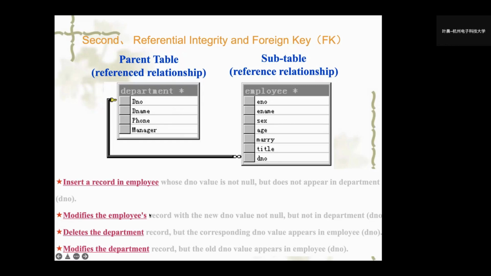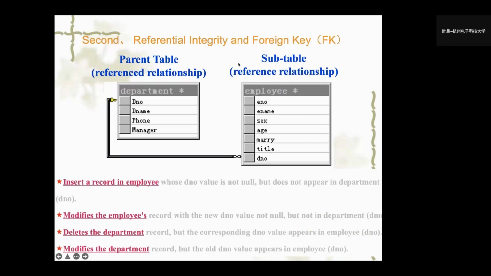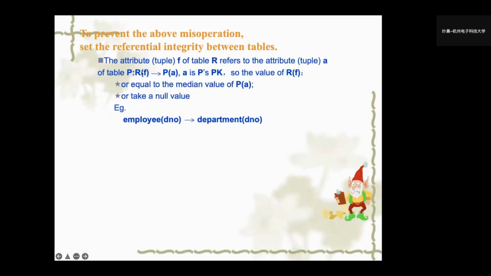So in order to deal with these four situations, we need to set referential integrity between the two tables, the parent table and the child table. If the attribute F of the table R refers to the attribute A of the table P, and A is P's primary key, then the value of R.F should be equal to some existing value of P.A, or it should take a null value.